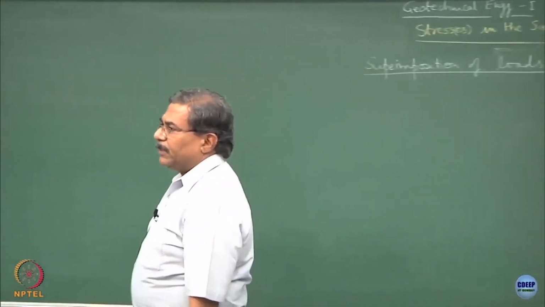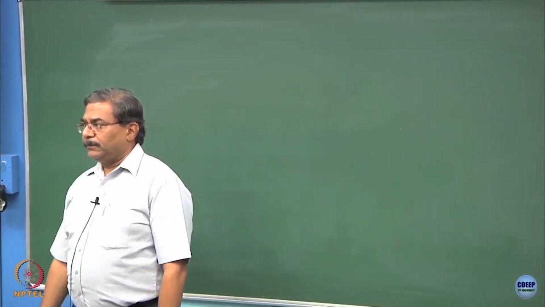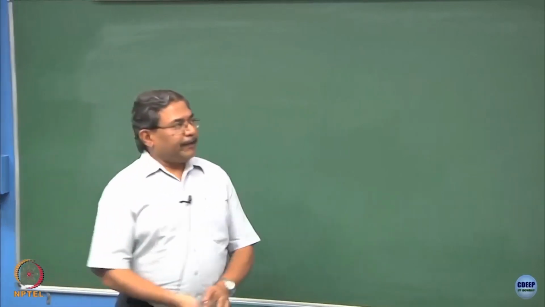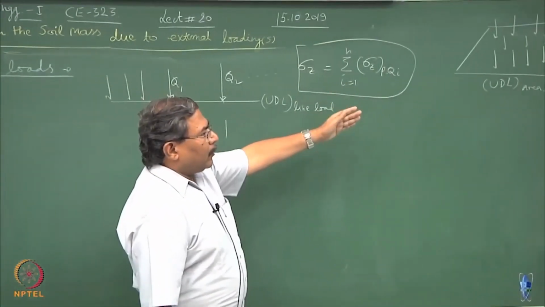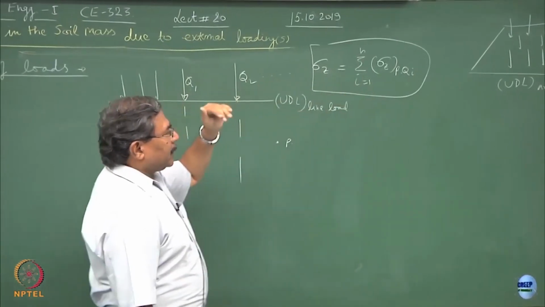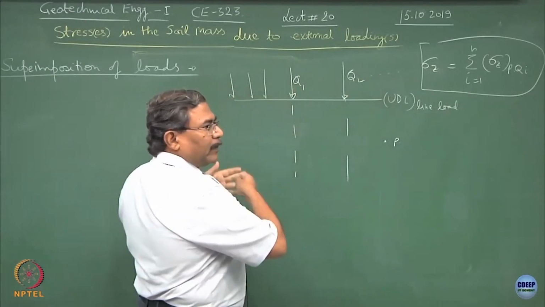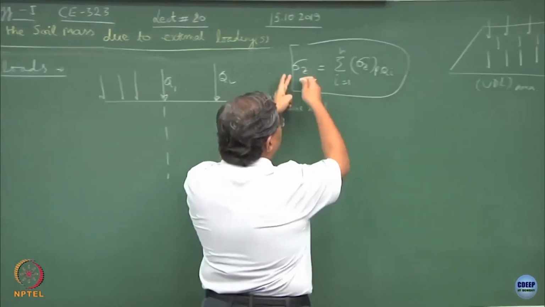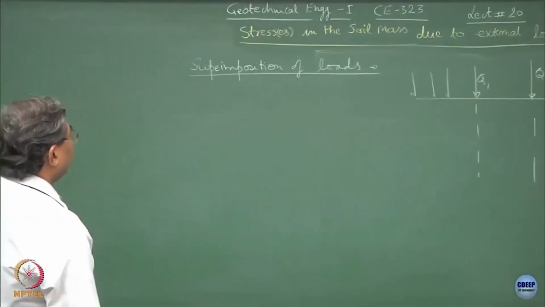The rest is all integration. Is this okay? So, if I integrate over these things, I will get the same effect. In other words, as long as the situation is very simple, I can keep on clubbing Q1, Q2, Q3, Q4, Q5, Q6, and I will say that this is the total sigma z acting at this point.